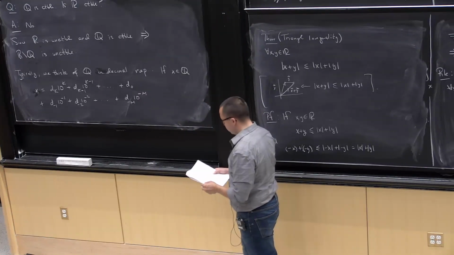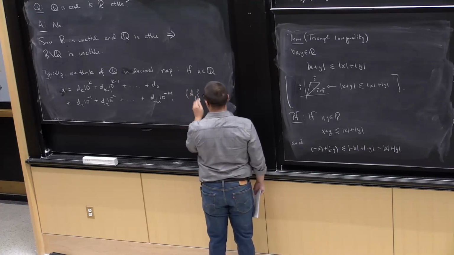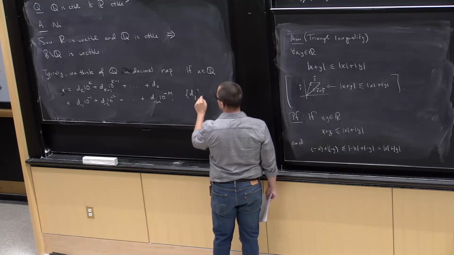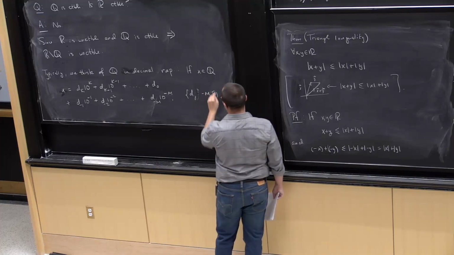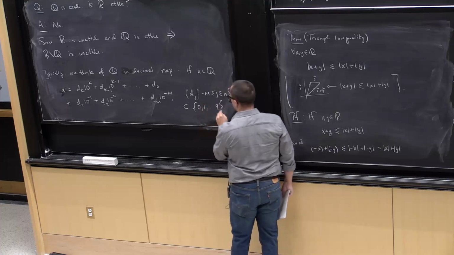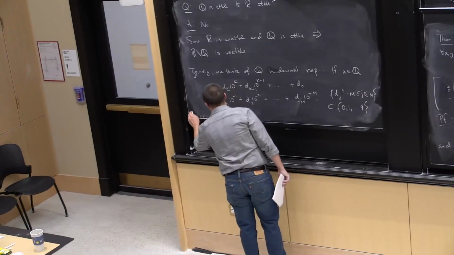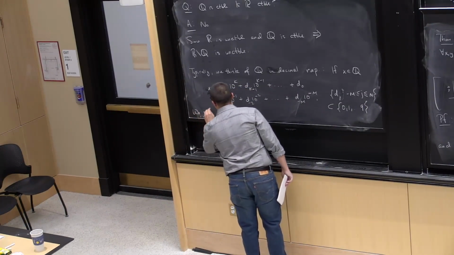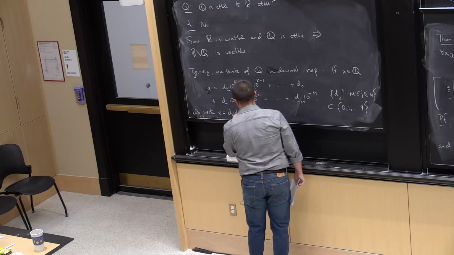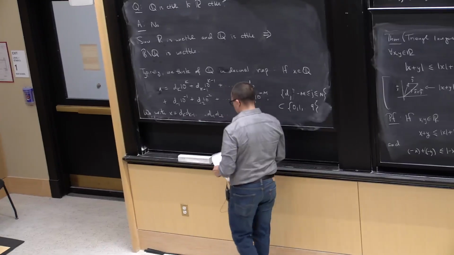And with these digits in a subset of 0, 1, through 9. Okay? So all I'm saying is typically we think of x this way, and then we write x as d_k d_{k-1} through d_0 d_{-1} d_{-2}, and so on. Okay?